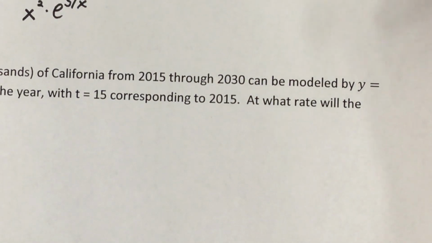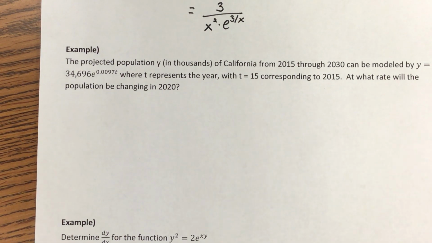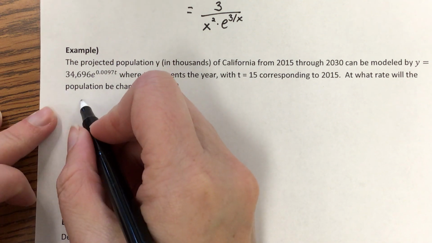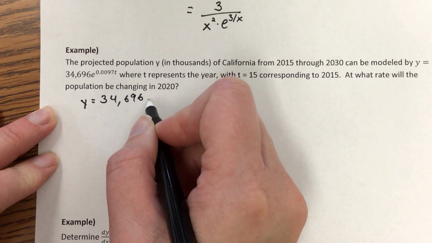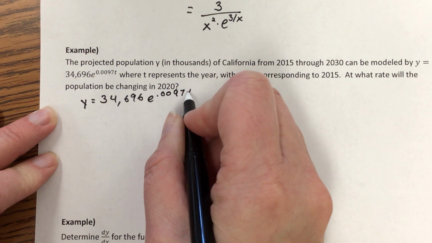We have an example that is a word problem. The projected population Y in thousands of California from 2015 through 2030 can be modeled by Y equals 34,696 e to the 0.0097 t.